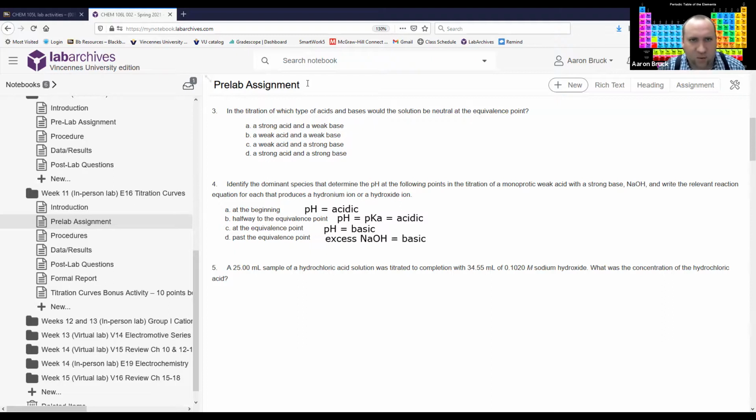And then for the last one here, this is just your friendly old titration equation, where we've got MA times VA over NA equal to the molarity of the base times the volume of the base over the stoichiometric coefficient of the base.